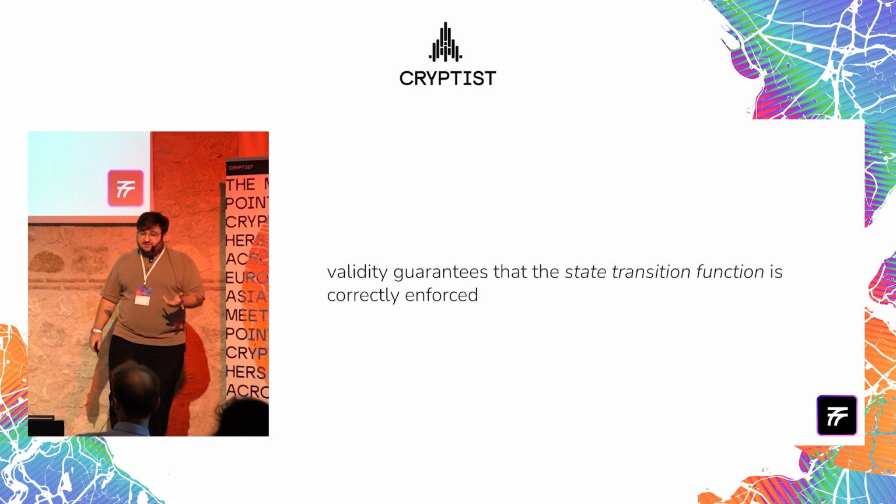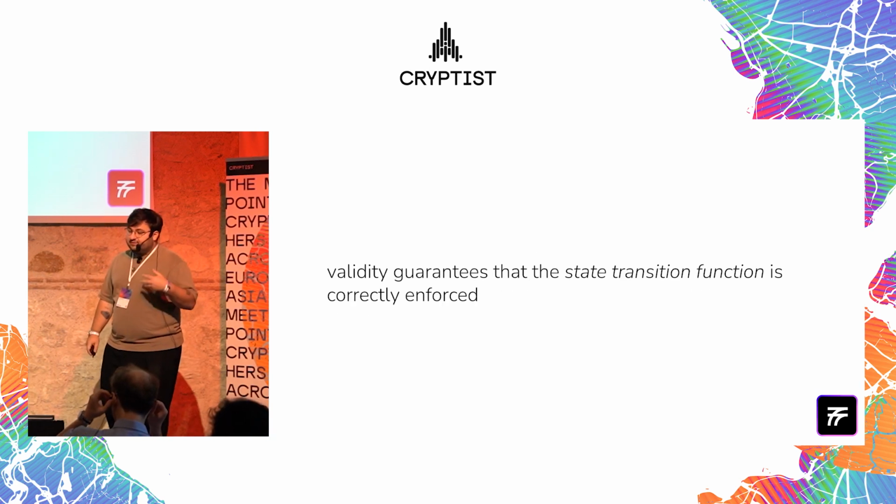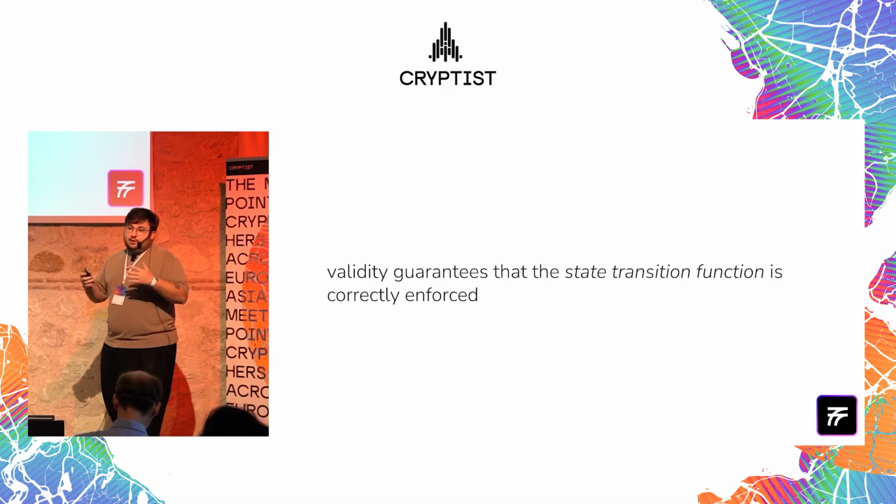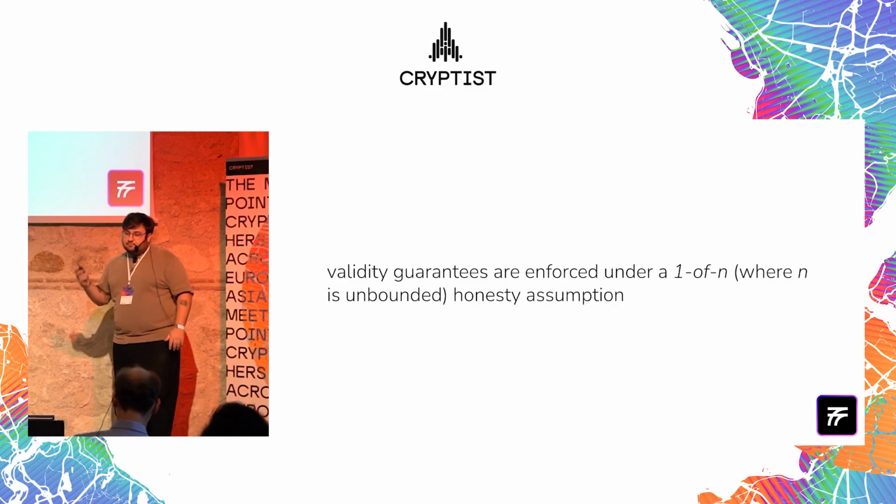So first, let's explore what validity actually means. Validity guarantees just mean that you are guaranteed that the state transition function is correctly applied and enforced by the enforcing mechanism.